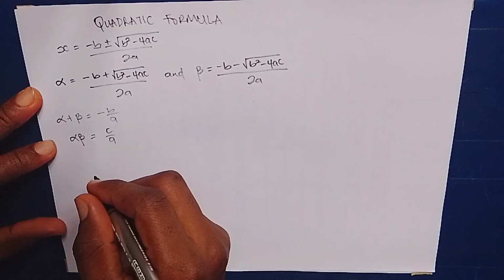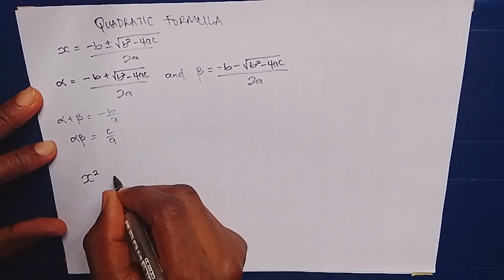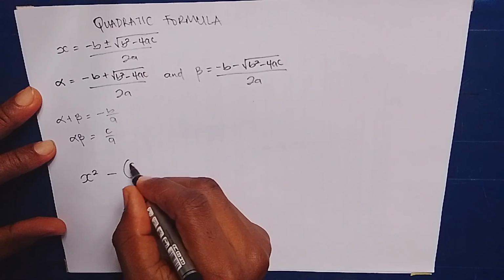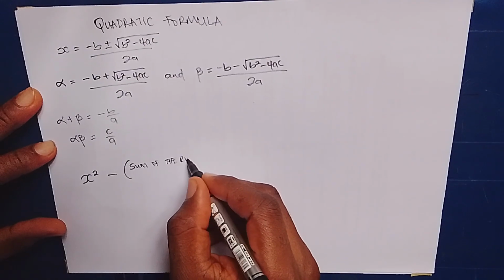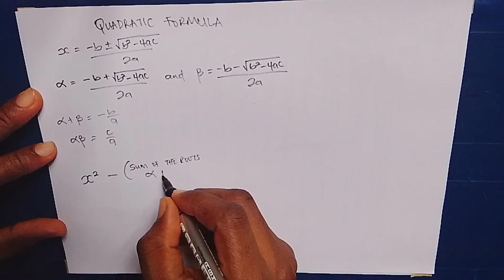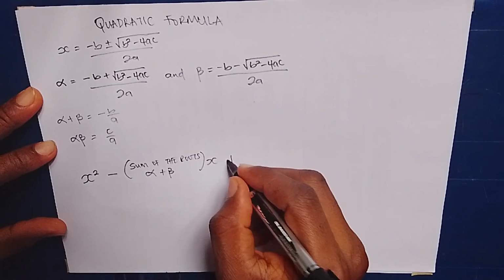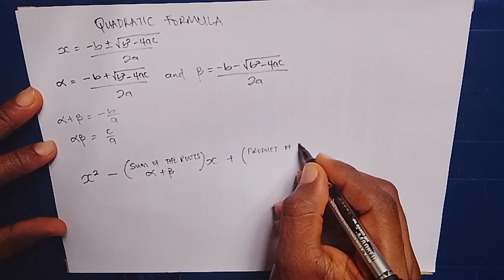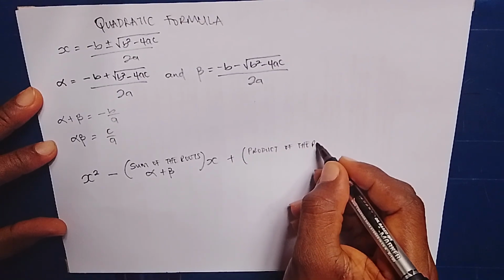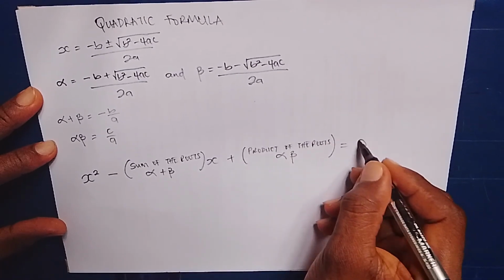This whole thing goes to show that any quadratic equation can be written in the form x squared minus the sum of the roots, which is alpha plus beta, x plus the product of the roots, which is alpha beta, equal to 0.